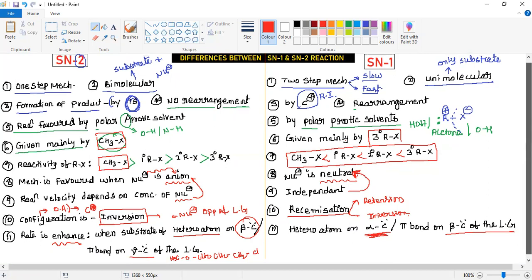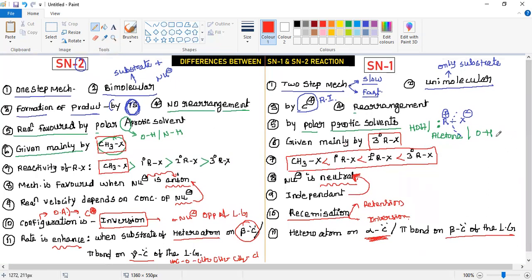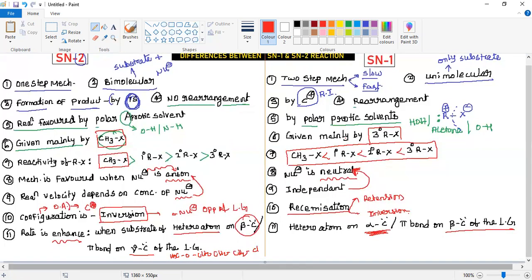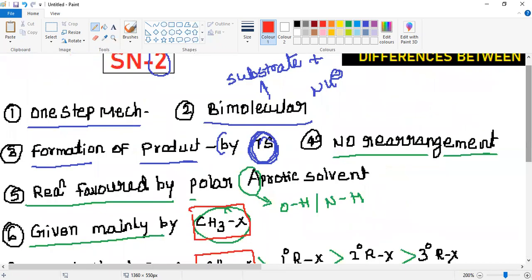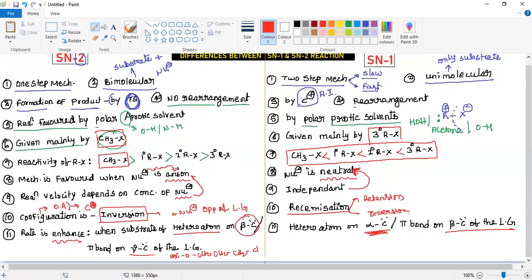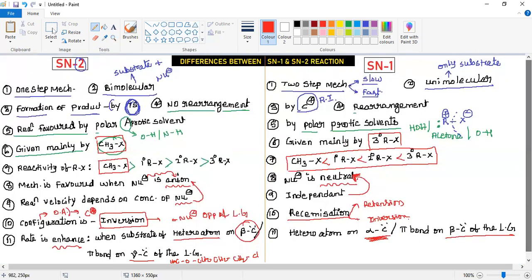So these are the differences between SN1 and SN2. Is that a very easy method? Okay? If you want, you can take a screenshot. After completion of this, I will write down a few more important points. First of all I need to clear this page. Just a moment.